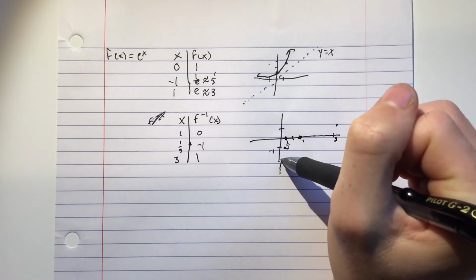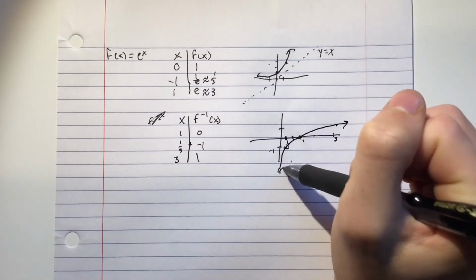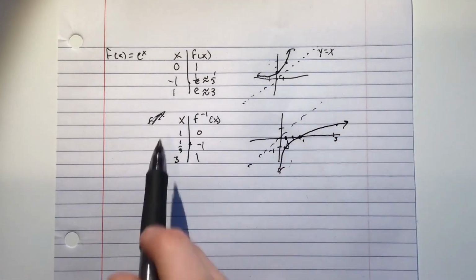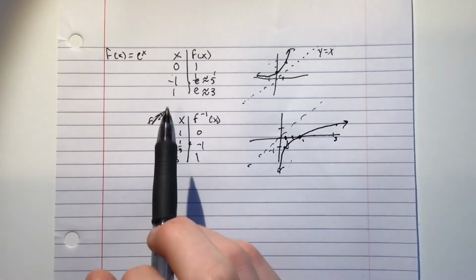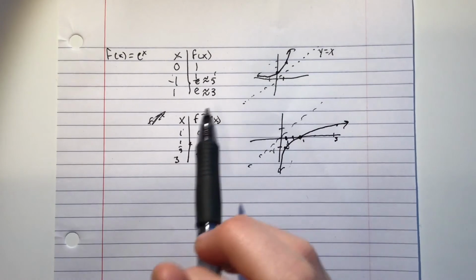So this one would look like that. There's our inverse. So we just reflected it over y equals x by looking at the table of the f of x and just switching it around and then plotting what we found from that.